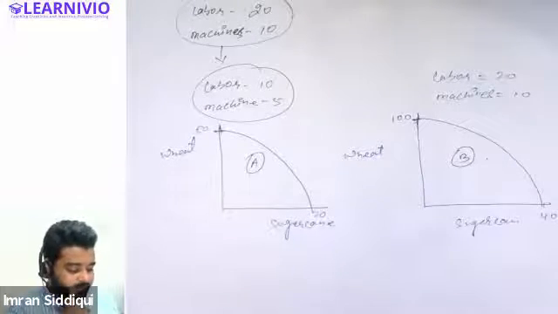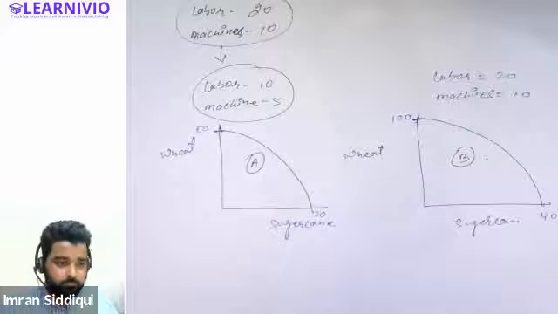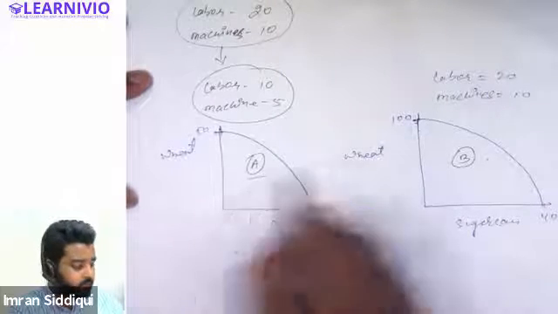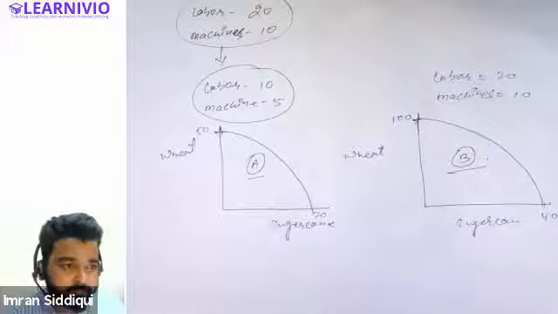Please tell me which production possibility curve will show the maximum capacity of a producer. Will production possibility curve A indicate the 100% capacity of the producer, or will curve B indicate the maximum capacity of a producer? Please tell me.